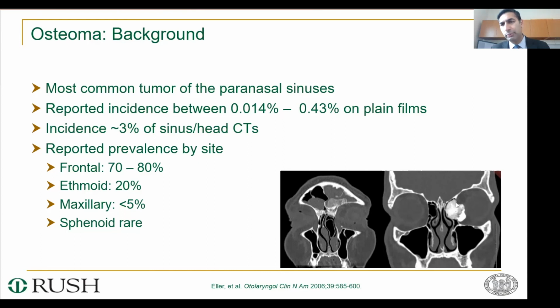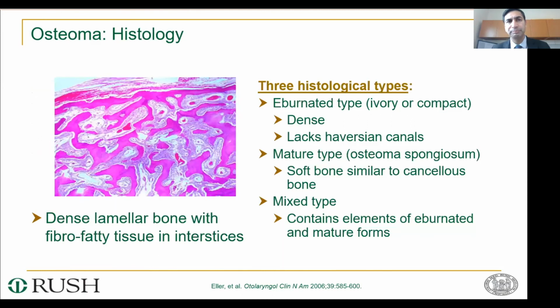Here is a large ethmoid osteoma extending into the orbit that caused subtle lateral displacement of the orbit, but the actual presentation of this was pneumo-orbita after nose blowing. The patient had some left-sided orbital pressure as well and necessitated removal, which was performed purely via the endoscopic route.